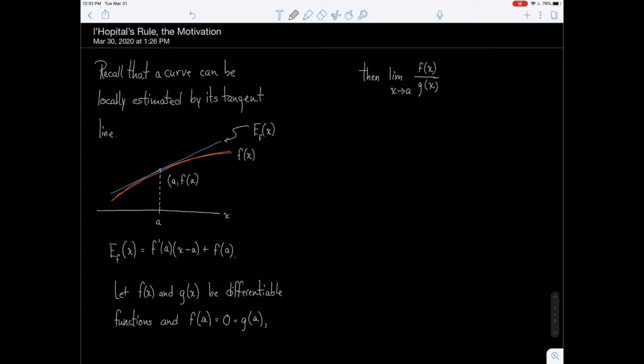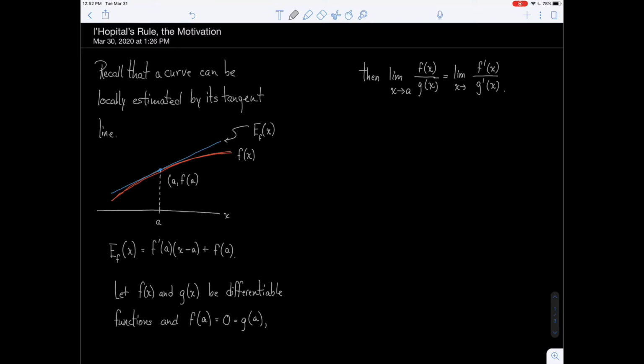That's an indeterminate form. But L'Hopital's rule says, if you take the derivative of both of those and then again apply the limit, so the limit as x approaches A, this time of f prime of x over g prime of x, the limit of the derivatives is the same as the limit of the quotient of the functions.